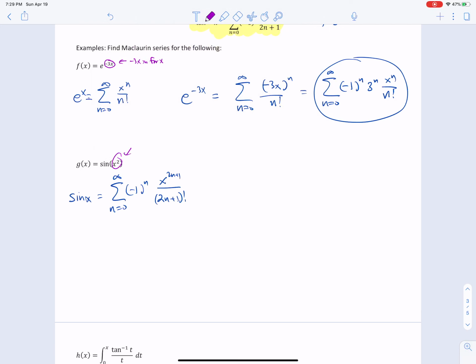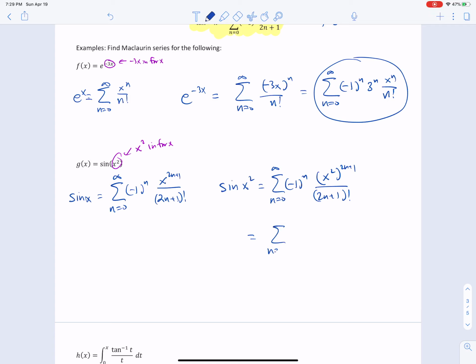And so here I've got x squared in for x. So again, sine of x squared is going to be summation n equals 0 to infinity, minus 1 to the n, x squared to the 2n plus 1 over 2n plus 1 factorial.